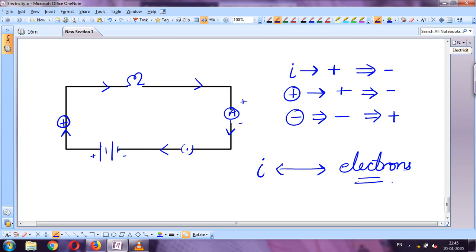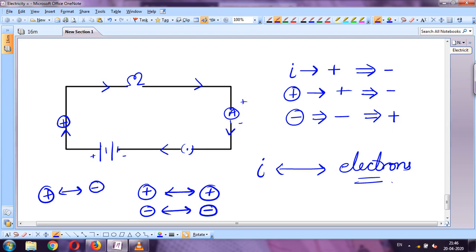We are supposing charge. Suppose there is a positive charge. Now you have studied that a positive charge will be repelled by a positive charge, and the same will be with two negative charges. But if there is a positive and a negative charge, you will have attraction between them, right? So all these things we have to use here.